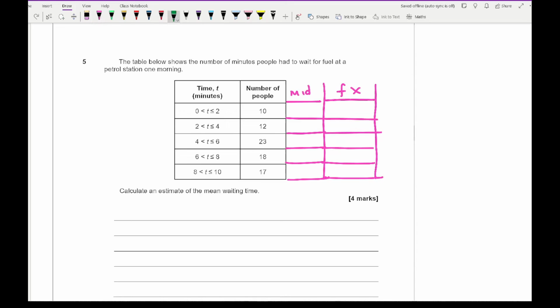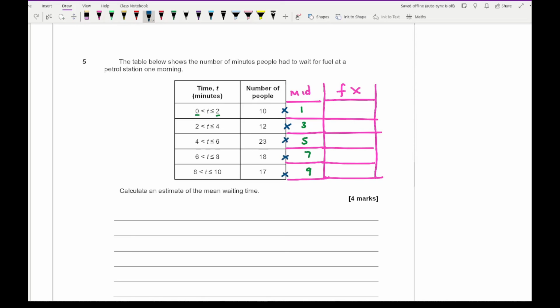To work out the midpoint, again, it's the middle number between the upper and lower bound. If you're not too sure what those midpoints are going to be, just add the upper bound with the lower bound and divide by 2. So 0 plus 2 is 2, divided by 2 is 1. So that's going to be 1. Then we've got 3, 5, 7, and 9. And the FX value is calculated this time by multiplying the second column by the midpoint value.